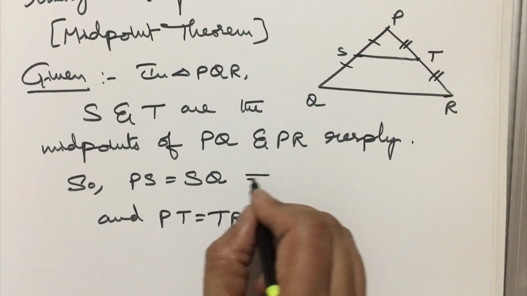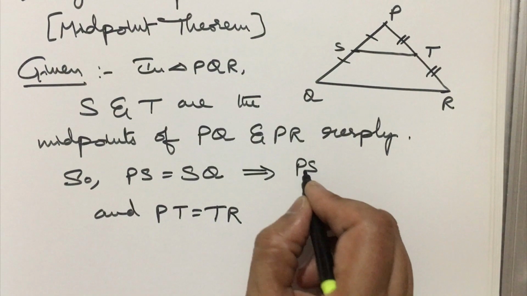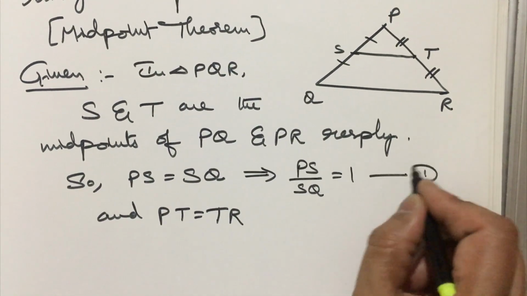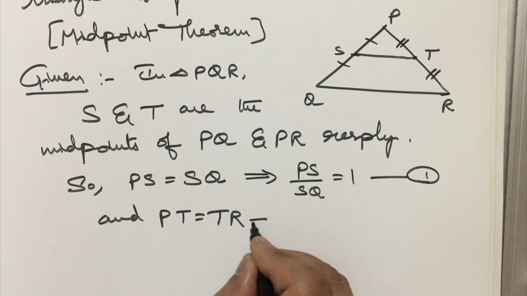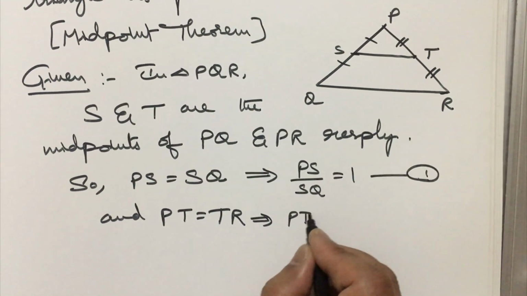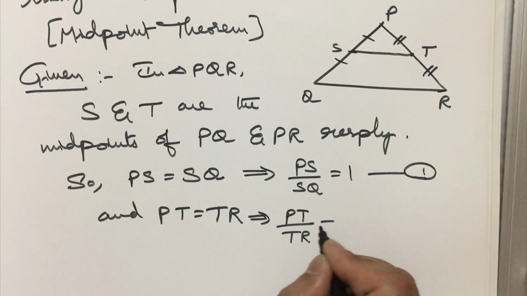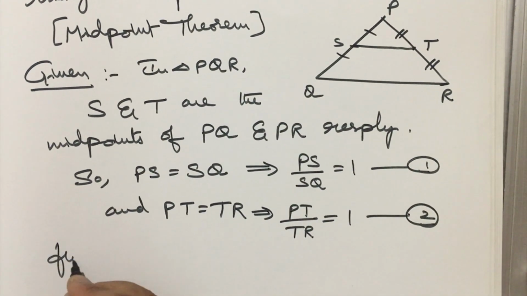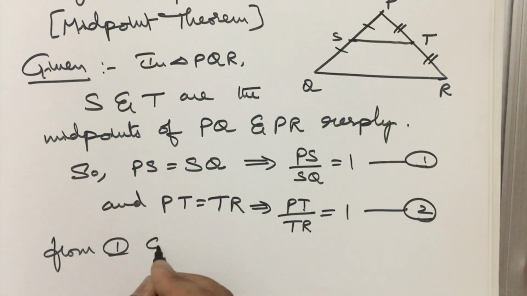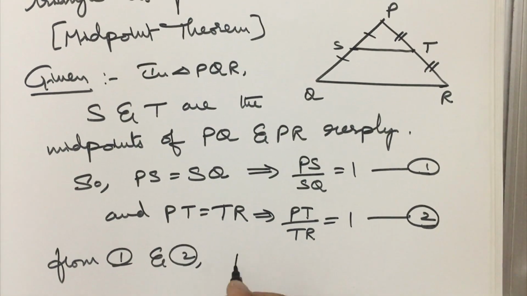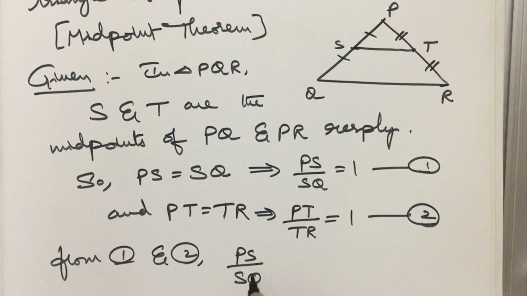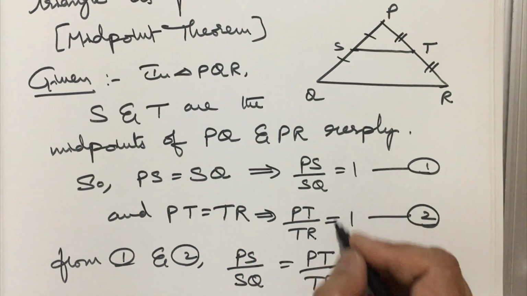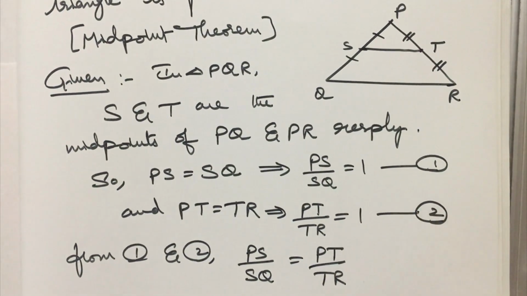From this you can write PS by SQ is how much? 1. Equation 1, I am taking. And from this you can write PT by TR is equal to 1. This is equation 2. So, from equations 1 and 2, I can say that PS by SQ is equal to PT by TR, because both ratios are equal to 1.